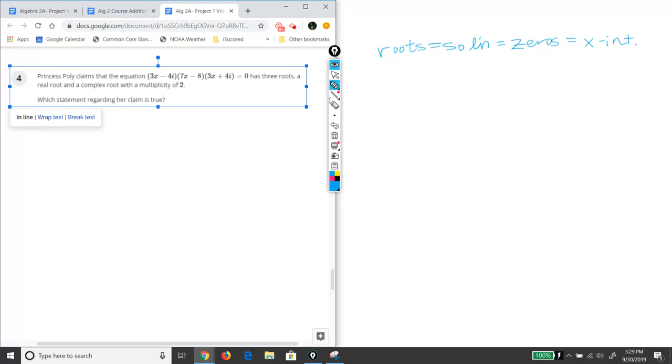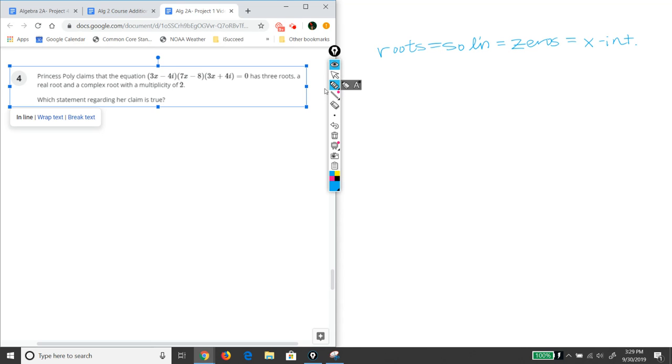So she says it has 3 roots, 1 real root and one complex root, meaning 1 complex root with a multiplicity of 2. Which statement? Okay, so match the statement. I'm not showing you the statements, but is she correct?